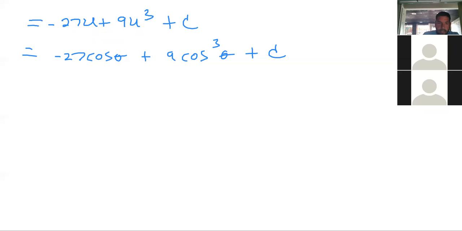So let's remember what was happening. Our triangle has theta. And what was theta? Well, we started with x equals 3 sine theta. That's what we started with.